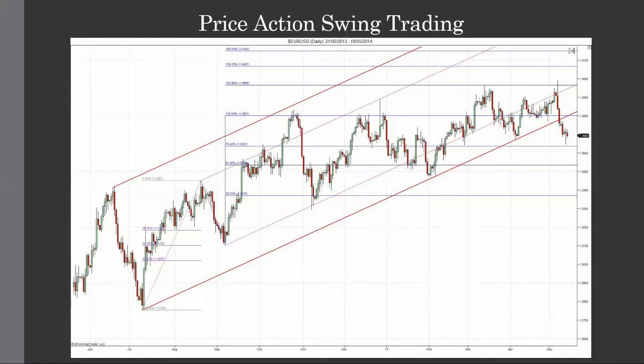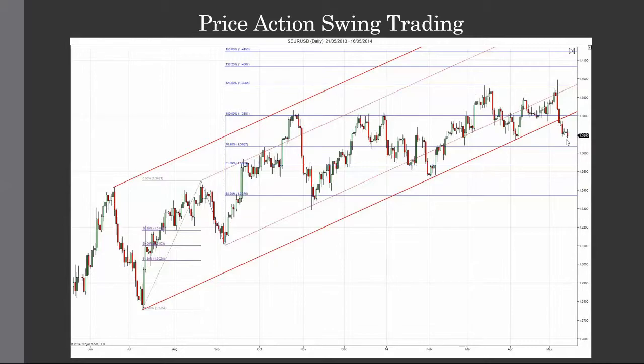And interestingly, at the moment, as a very good example, we've just had a break of trend for euro dollar. Now, this doesn't mean to say that there's going to be an end to upside. It just means that this particular method of defining the trend means that it has broken out. And so we've had a breakout here. We've broken through this major support, this major trend line, and we've gone to the downside and we've had a rejection.